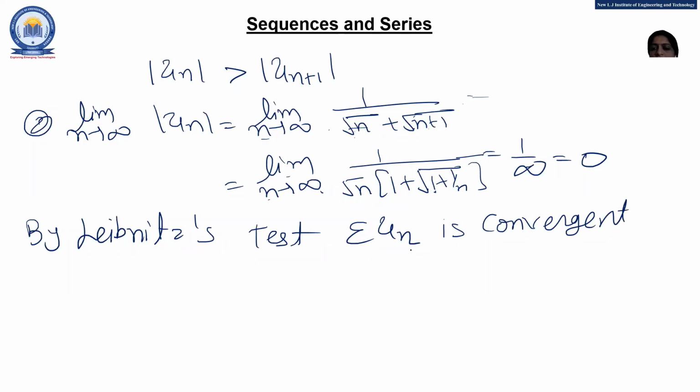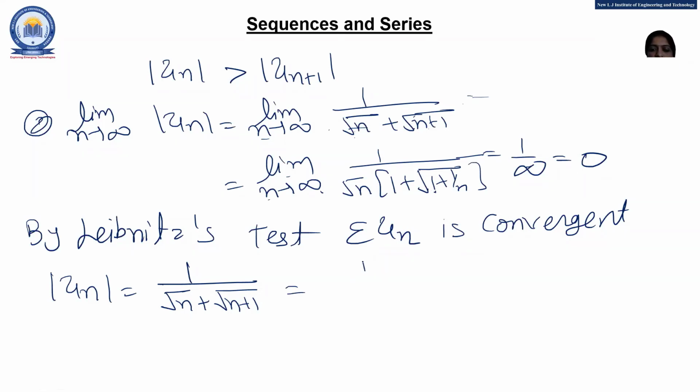Now, un is convergent, so we will check for |un|. Here |un| is 1 upon under root n plus under root n plus 1. For checking |un|, I am going to apply the comparison test.